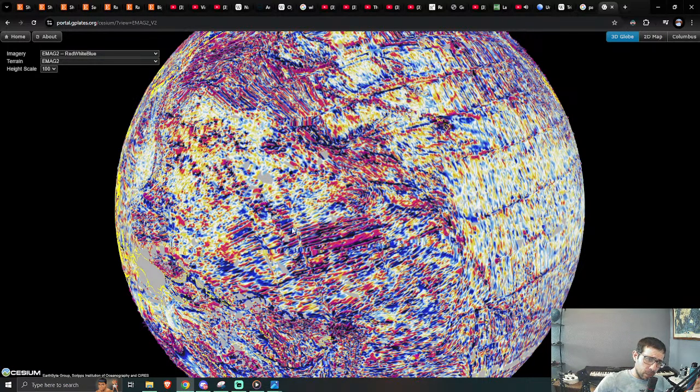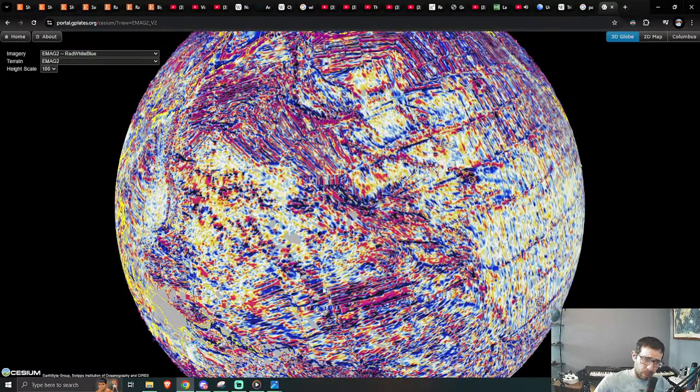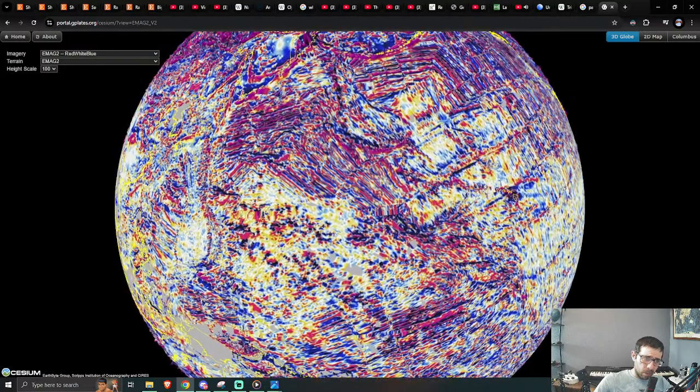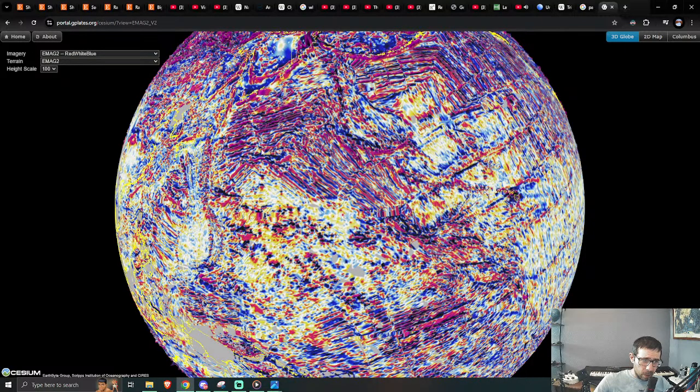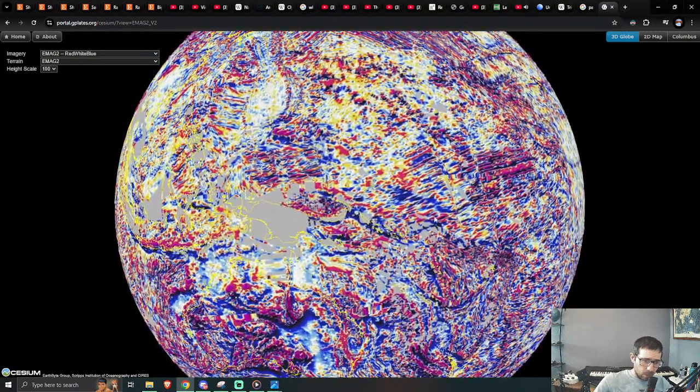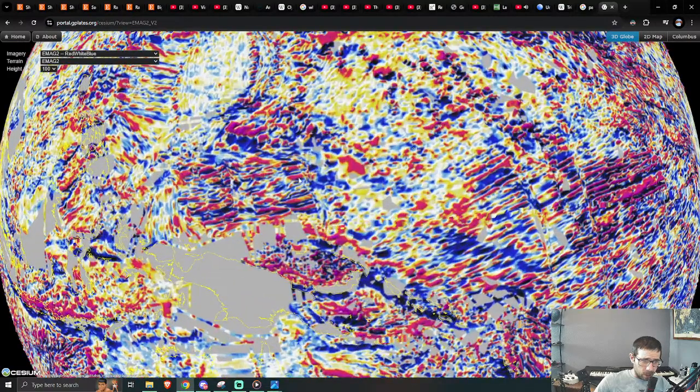So there's some aspect where these currents are going up this way, but then going over this way, although it may also go like up this way. And there's some that went over here.